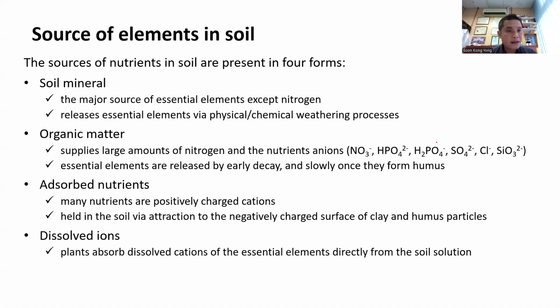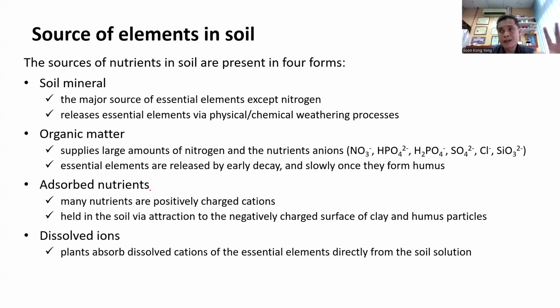So there are four forms of the nutrient source. And as you can see right here, there are four, starting with the soil mineral, then organic matter, as I mentioned earlier, and the liberated forms of this material, which are the absorbed nutrients.